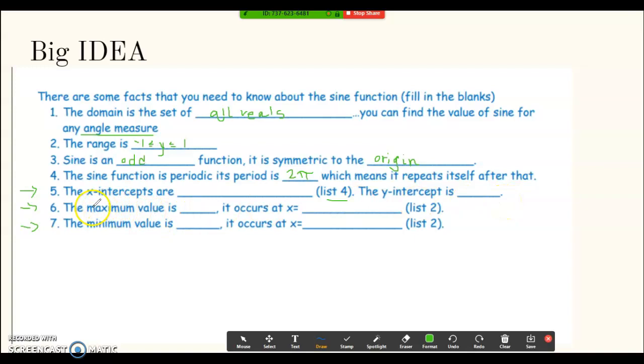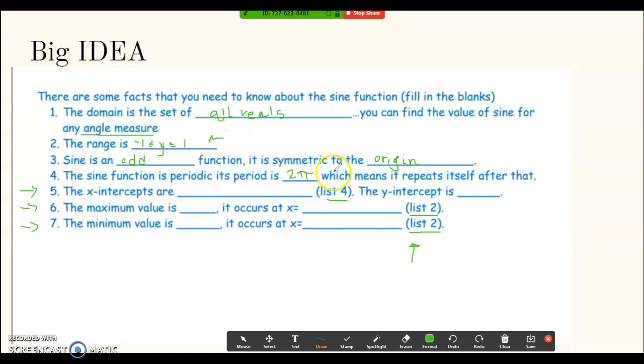Tell me what the max is, and remember there can be a lot of maxes. List 2. And tell me what the min is, and list 2. Where does the min happen? What angles does the min happen at? What are those x values? And how high does it go?